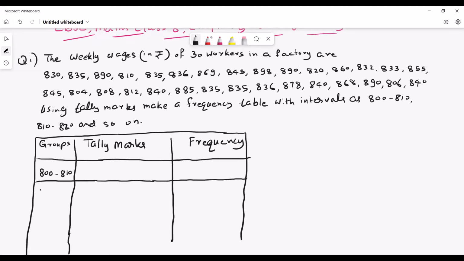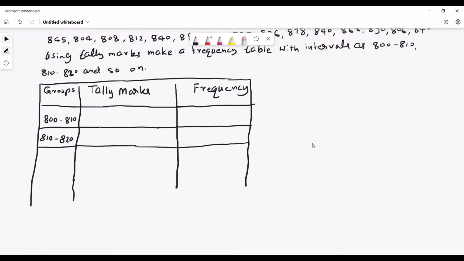The second group will be 810 to 820, and obviously the next group will be in the next 10 range, 820 to 830.